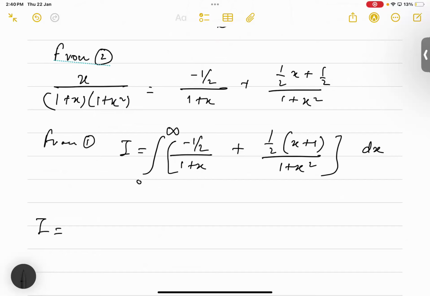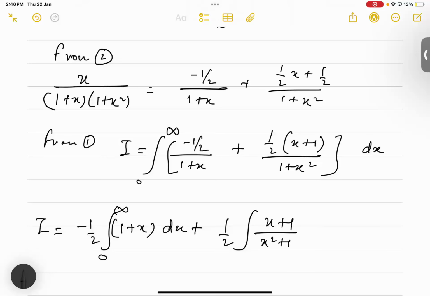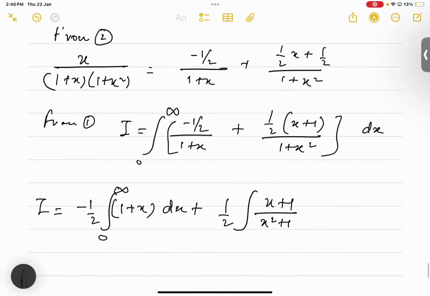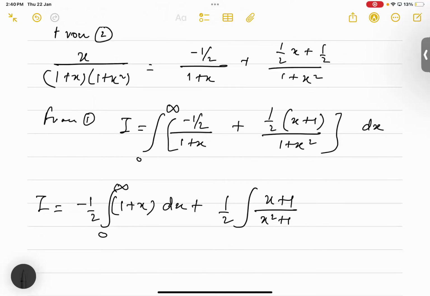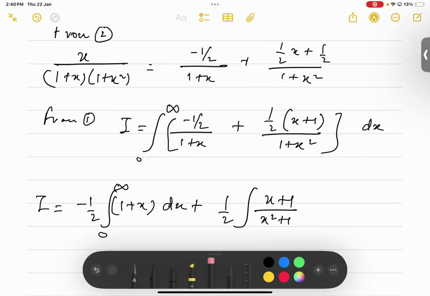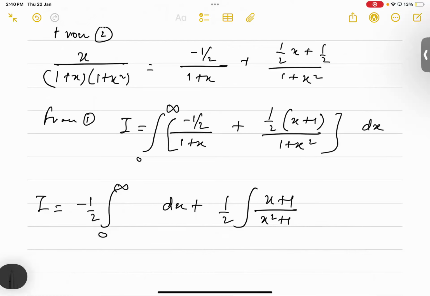So I is equal to integration of minus half 1 plus x dx from 0 to infinity, half outside, x plus 1. Sorry, this is 1 upon 1 plus x, 0 to infinity.